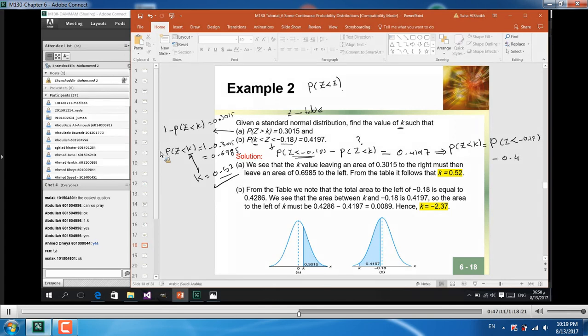From the table you will get the value for less than minus 0.18, minus the amount here, gives me this. So you will get this equal to 0.0089. Is it clear? I need to go to the table and get the probability of z less than minus 0.18.